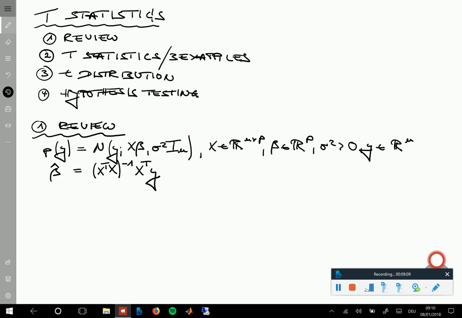Okay, so then what we also looked at was this formula. So who associates something with that?